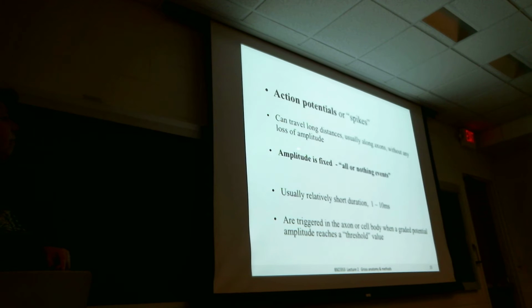It's generally a fixed amplitude, so we refer to these as all or nothing. And it's a very short duration, generally 1 to 10 milliseconds, depending on the animal and the temperature and so on, but very short. So it's a blip, right? A spike. These are triggered in the axon or cell body, and really they depend on graded potentials in order to get going.